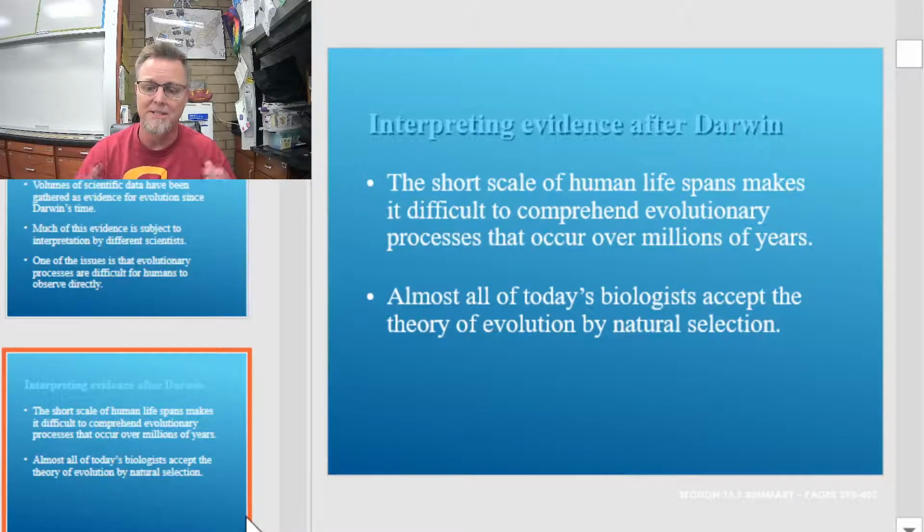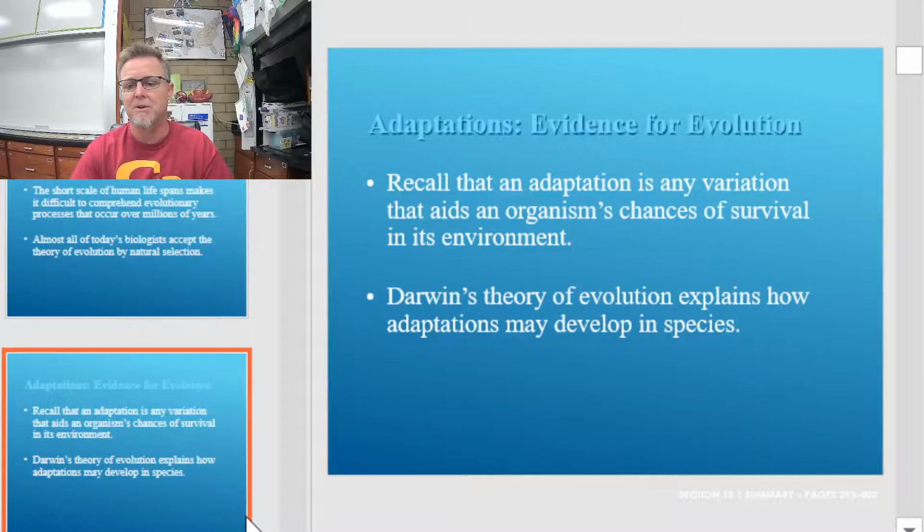Almost all of today's biologists will accept the theory of evolution by natural selection at some level. Okay, even if they don't believe it fully, there's at least some aspect of it that they can relate to and agree with. Okay, so let's go through what it means to evolve and how this passes on from one generation to the next. This idea of evolution or change over time is really centered on a species, a population's adaptations.